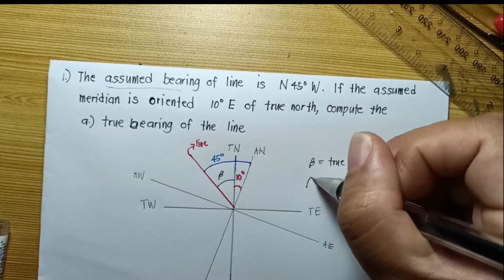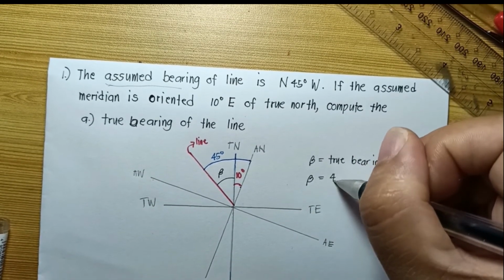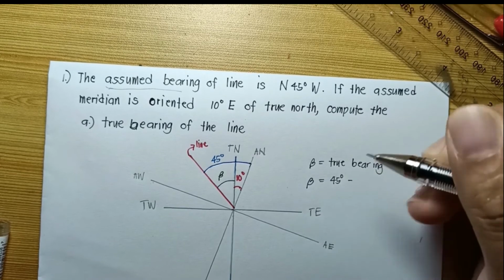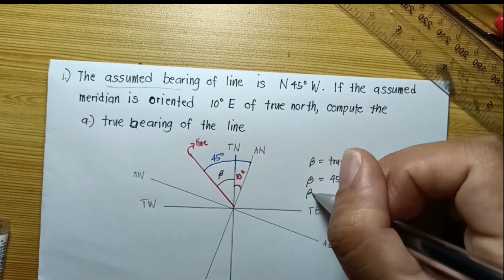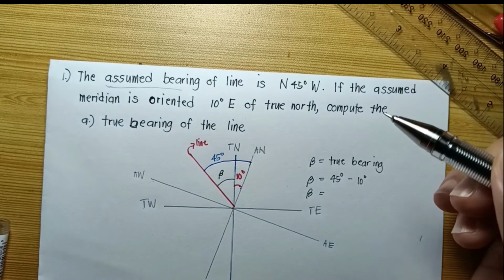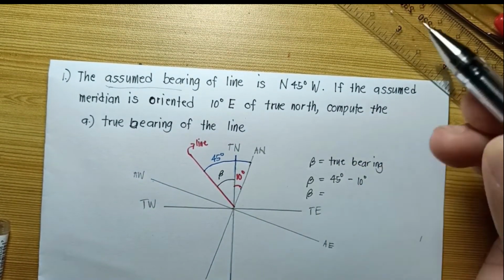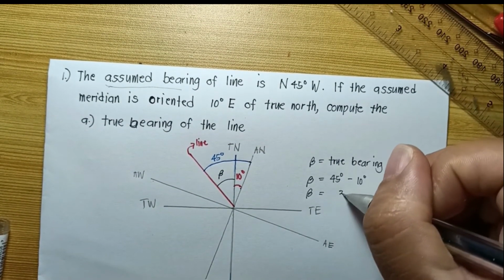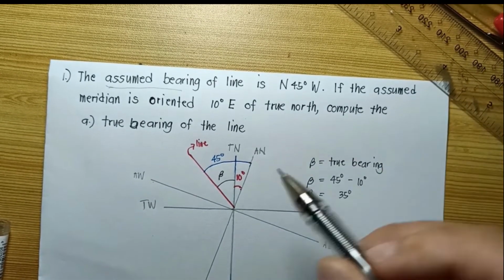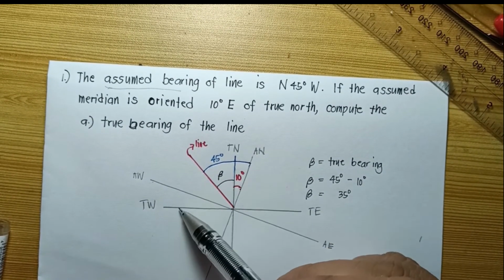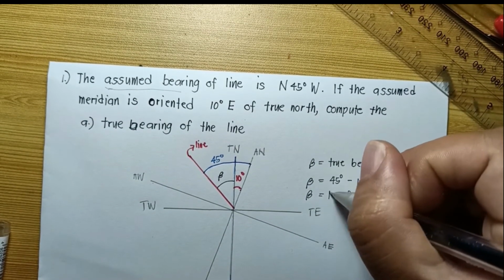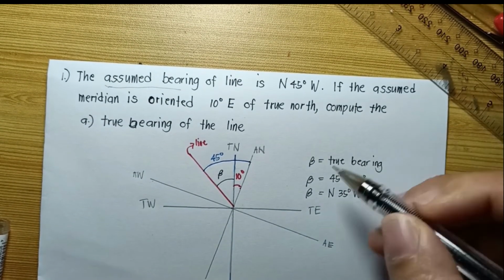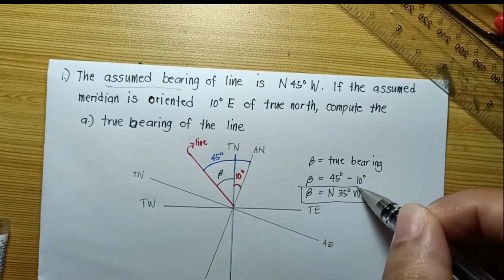So beta is equal to 45 degrees minus 10 degrees. Therefore, the true bearing of the line is 35 degrees. The direction is within the northwest quadrant of the true north. So you can say northwest. So this is the final answer.